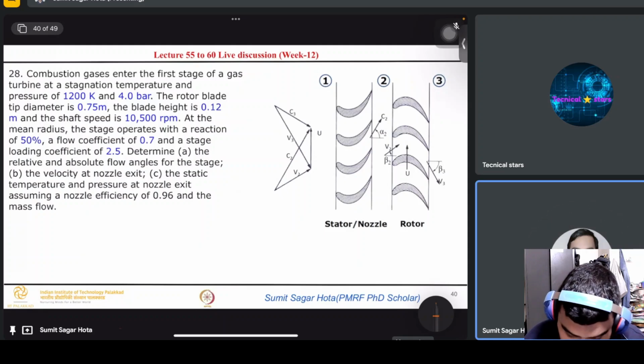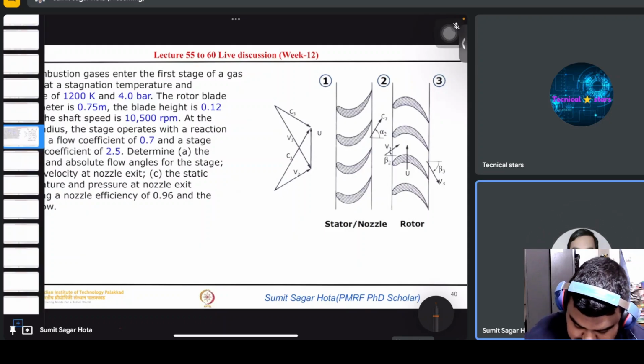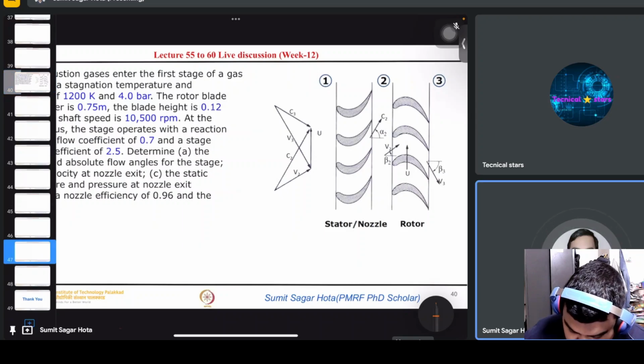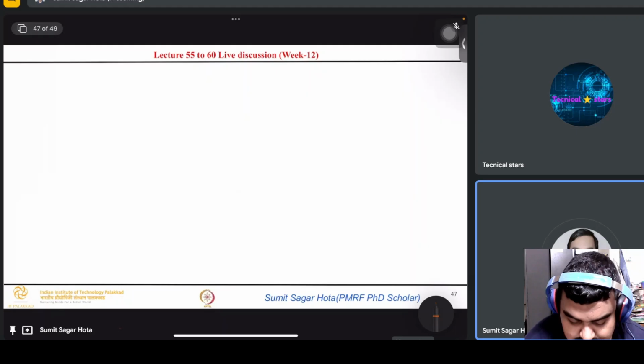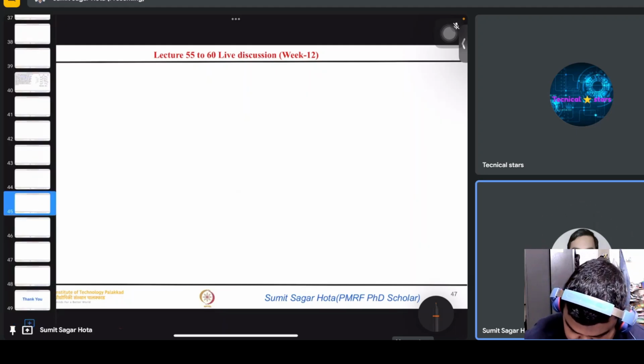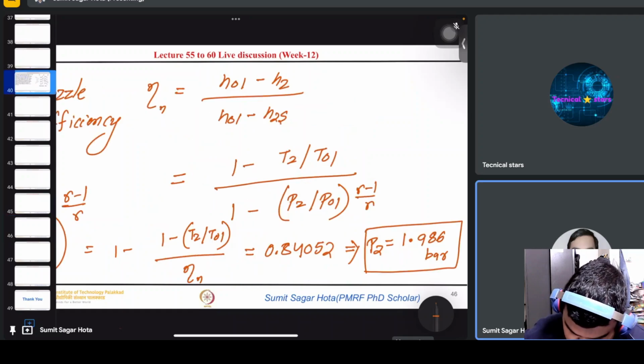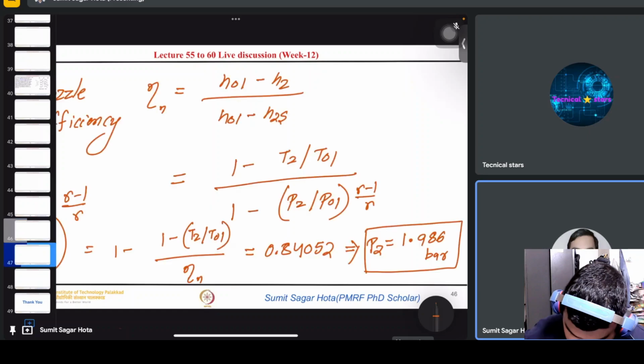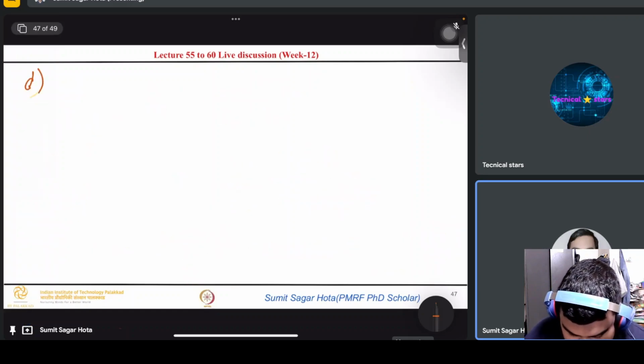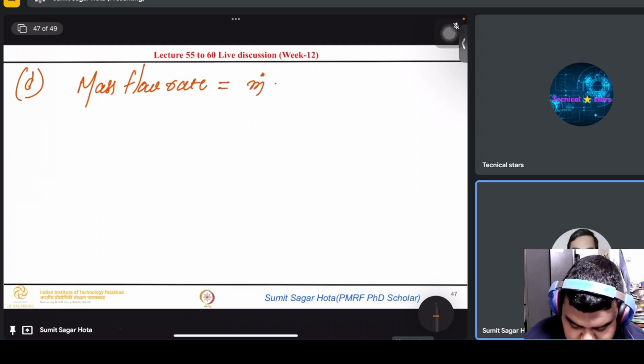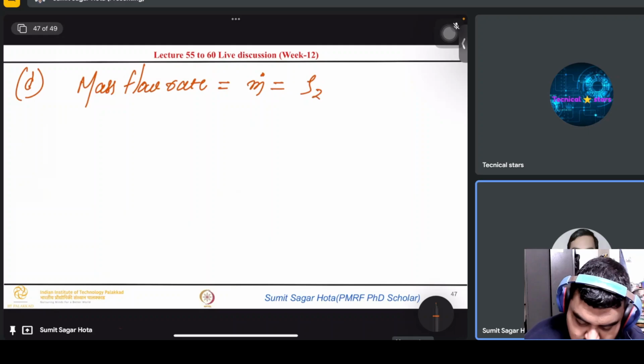Mass flow is very simple. M dot is equal to rho 2 A2 into CA.